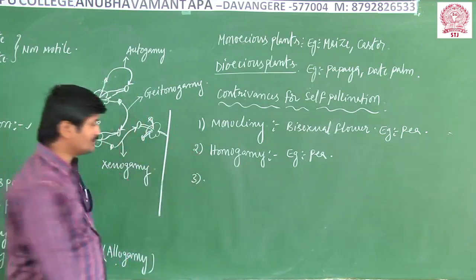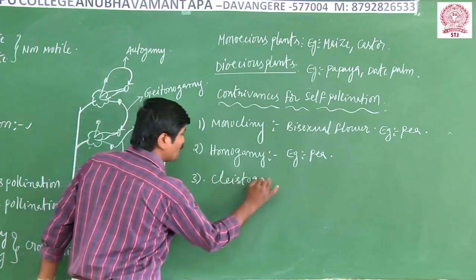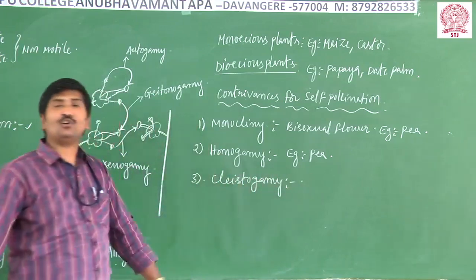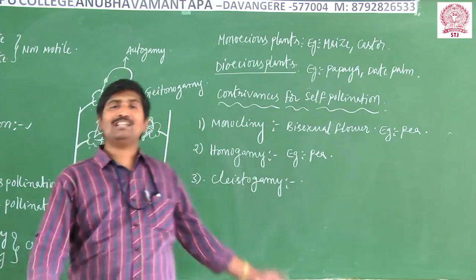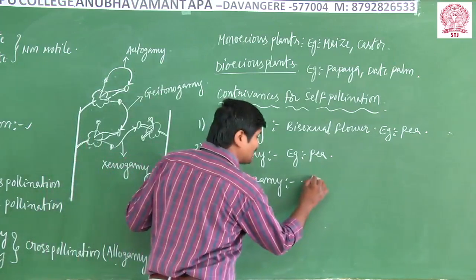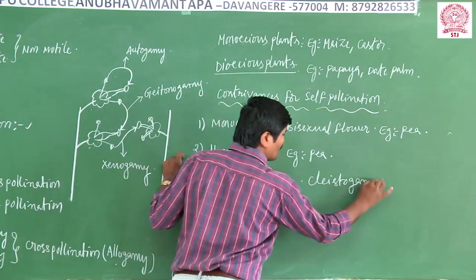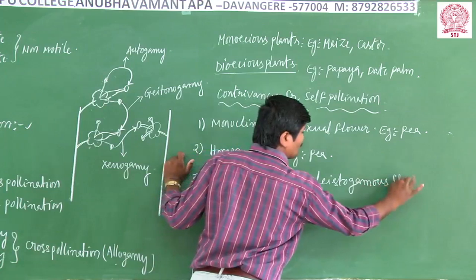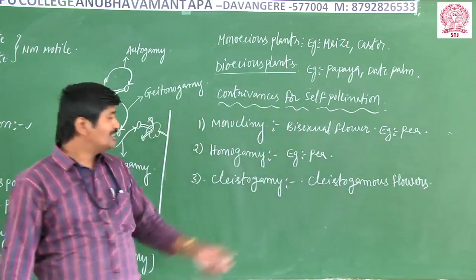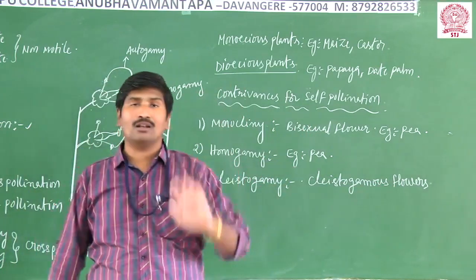Third one, cleistogamy. What is cleistogamy? Generally here the plants have cleistogamous flowers. What is meant by cleistogamous flowers? The cleistogamous flowers means the flowers do not open at all.